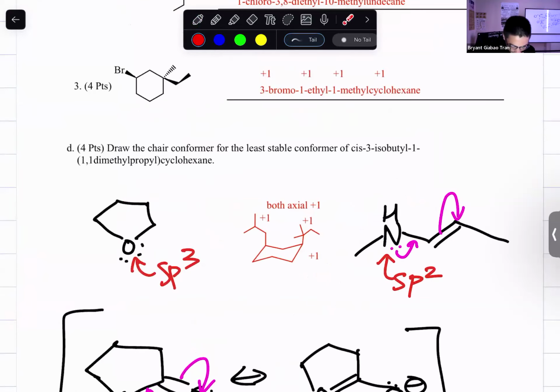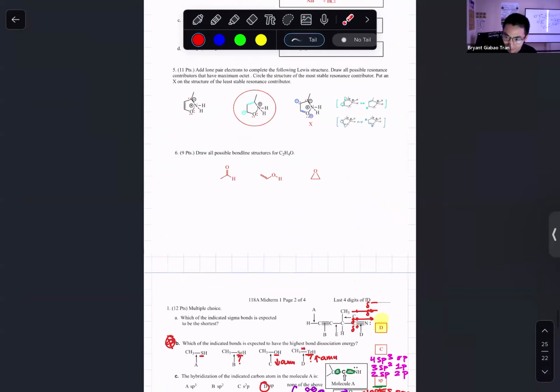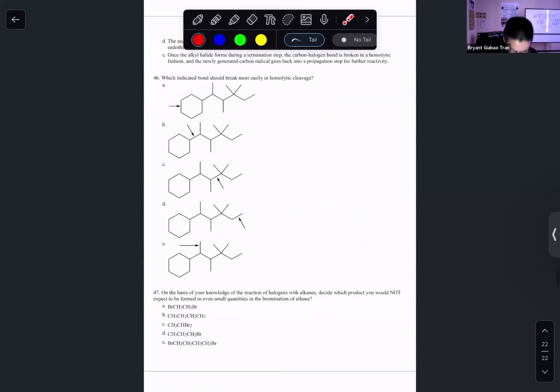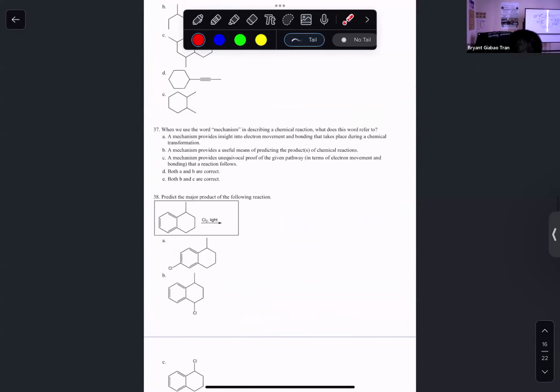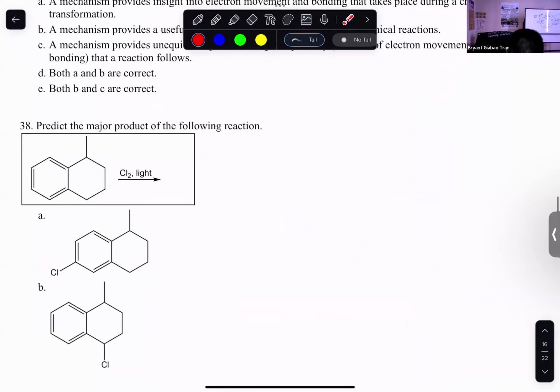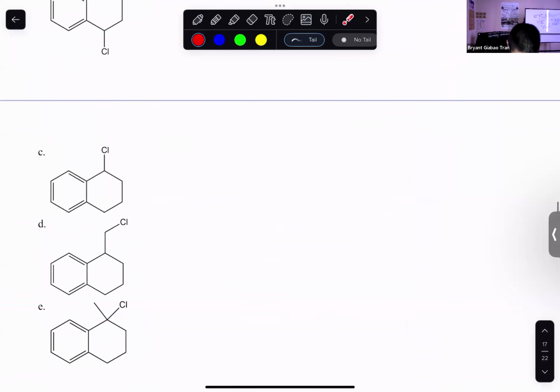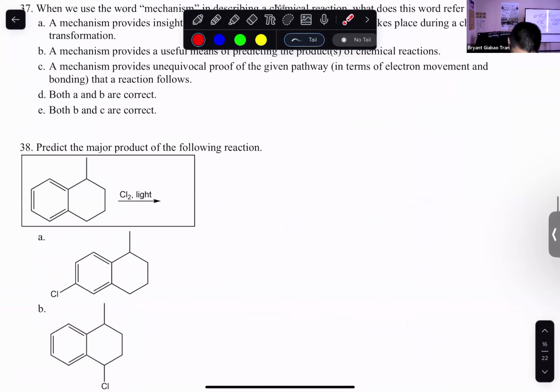Okay, last question, and then we'll call it office hours. Questions 38 and 39. Predict the major product of the following reaction. Why is it not E? Right.